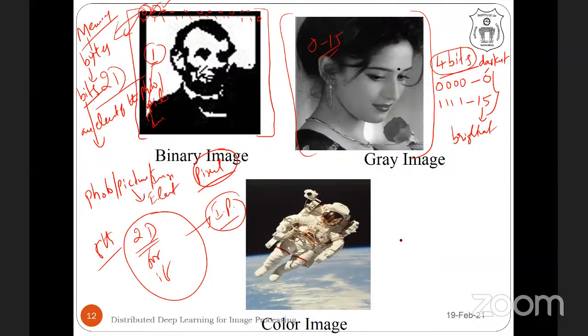By chance, if your software is supporting 8 bits to represent each pixel, then the minimum is 0 and maximum is 255. Most of the software which we work with supports 8 bits to represent each pixel. That's why you may be thinking that it is 0 to 255, but this is not always true. But mostly it is true.